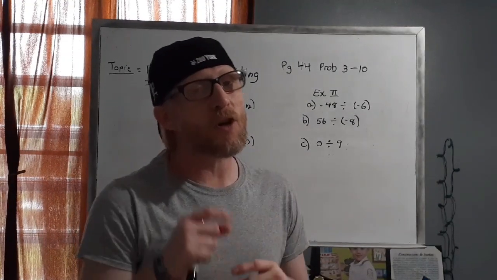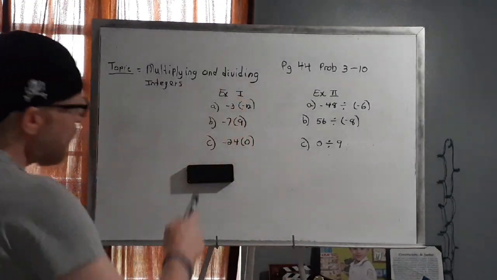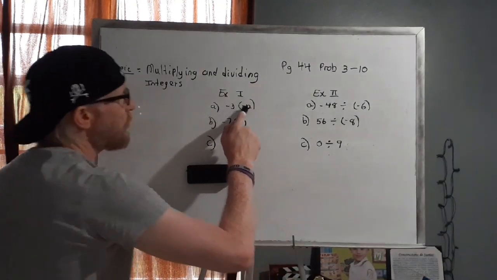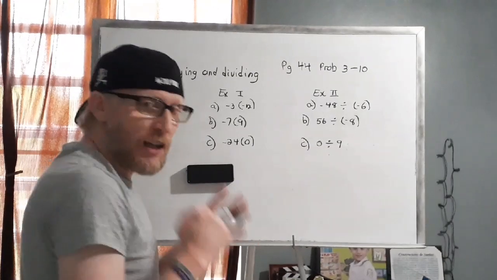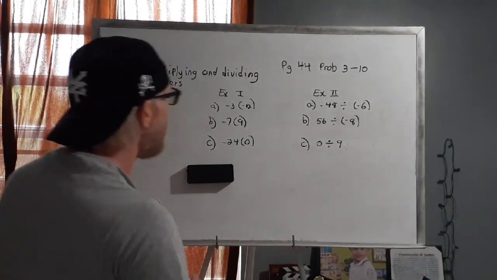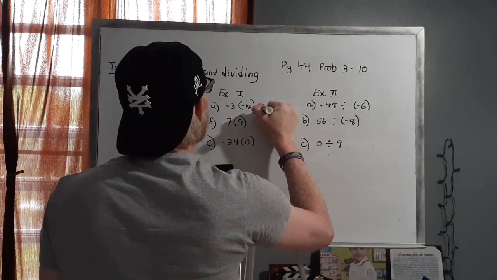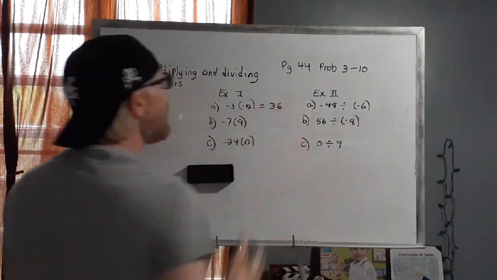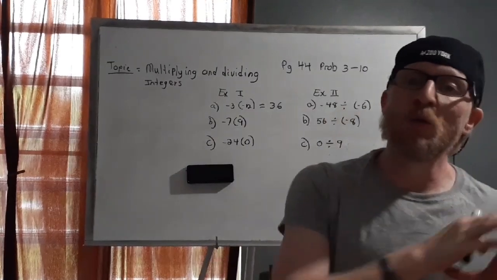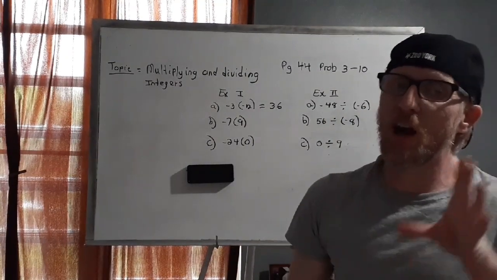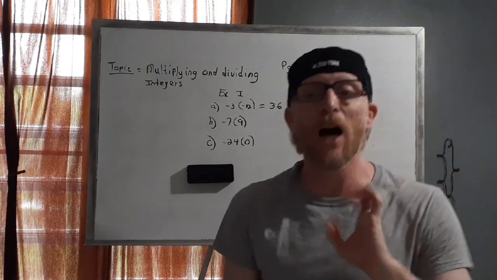But the difference is that we're going to apply this rule. Whenever you're multiplying a negative number times a negative number, your answer is going to be positive. So negative 3 times negative 12 is positive 36. Which brings us to the first rule for multiplying integers: whenever you multiply two negative numbers, your answer will always be positive.